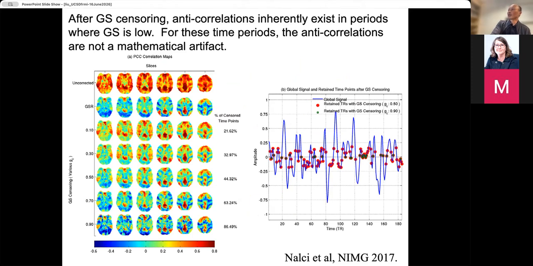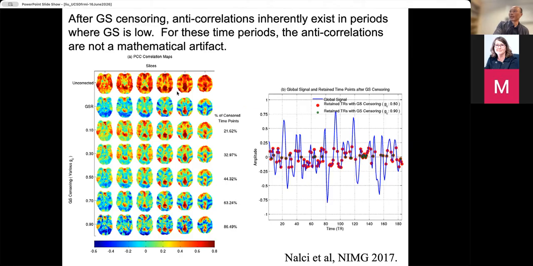So one thing you could do, and this was some work we did, is say, well, if I have my global signal, let me just look at all the points where the global signal is low and keep only those points in my data. This is a type of censoring where you're throwing out all the points where there's high global signal.